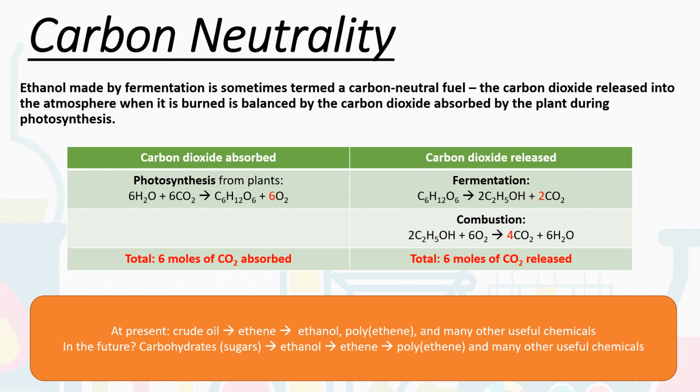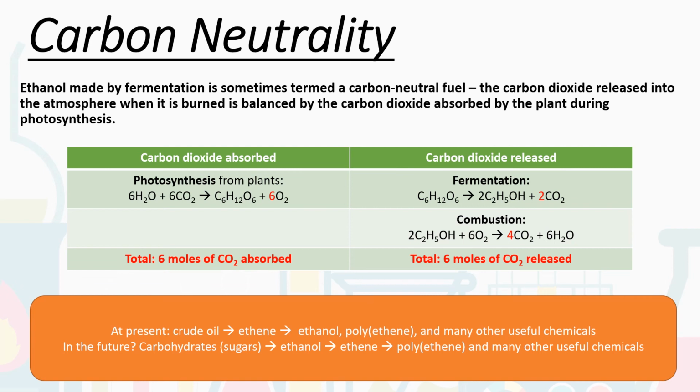The key thing here is that we have our 6 moles of water plus 6 moles of CO2, giving our glucose C6H12O6 and 6 moles of oxygen. So in total, we've absorbed 6 moles of CO2 for a mole of glucose.